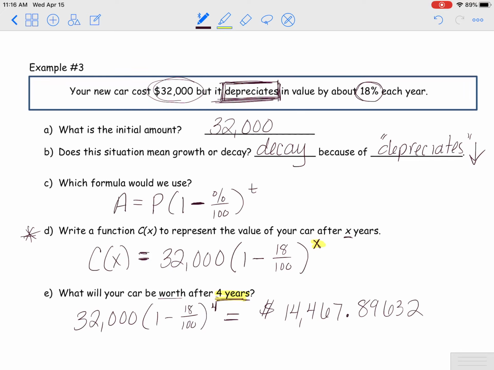Okay, so again, we're talking about money here. So that means I go out 2 decimal places. So if I take a look, that 6 is going to make this number round up. So 89, so my final answer will be $14,467.90 would be my final answer.